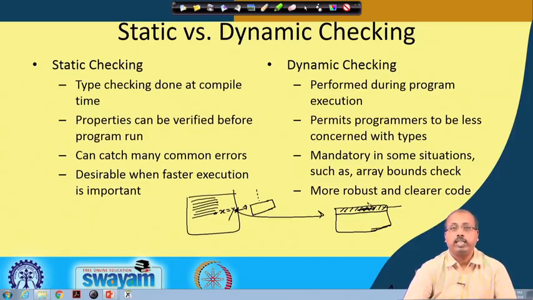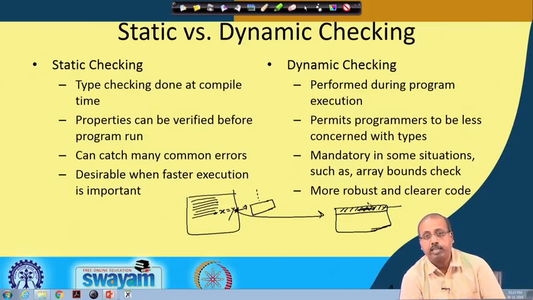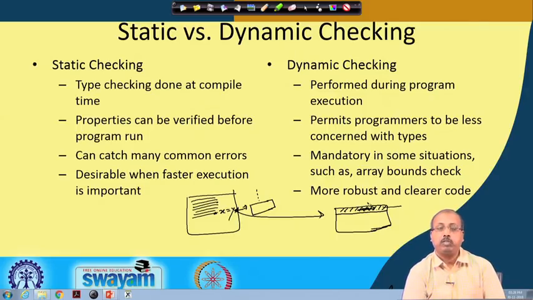All variables have their types, and the types cannot be changed, and certain operations can be done only on certain types of variables. But in case of C there is much more flexibility. Though it is also a typed language, it is not as strongly typed as Pascal. So, that way the programmers are a bit free to be less concerned about the types.